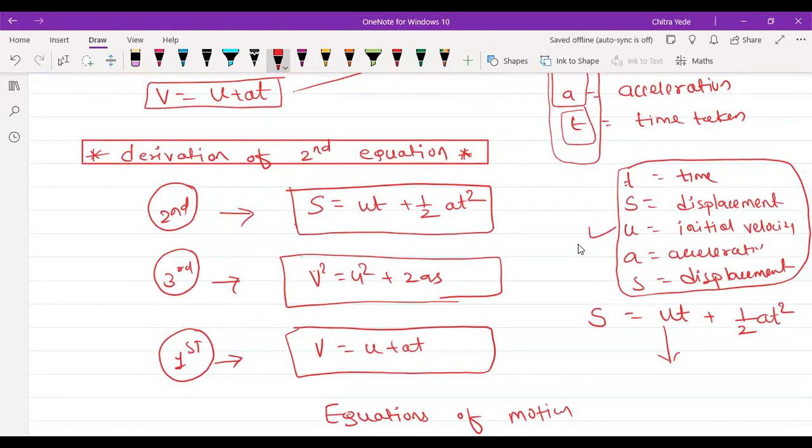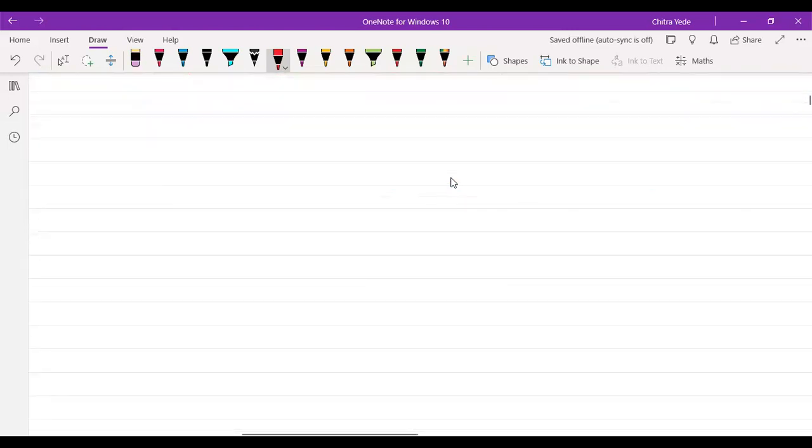Sir, we have uniform circular motion. Okay, so we'll discuss circular motion, and then uniform circular motion.